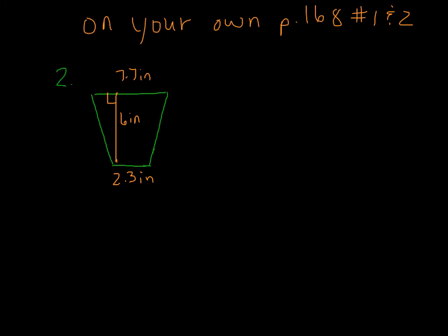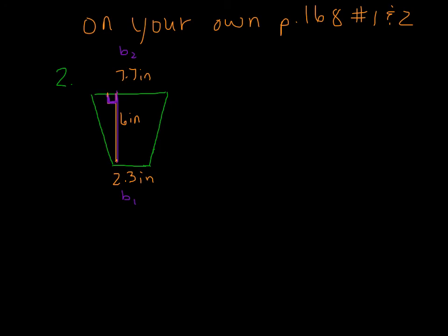Number 2, I have a trapezoid that looks like this, so this one's kind of upside down. Another thing you need to be careful of now, we know with addition we can flip-flop the numbers and it would still get us the same answer, so we are fortunate with base 1 plus base 2, it will give us the same thing. But technically speaking, base 1 would actually be down here, where base 2 would be on the top. And what gives me that is the fact that the height in the right angle they show you is down there.